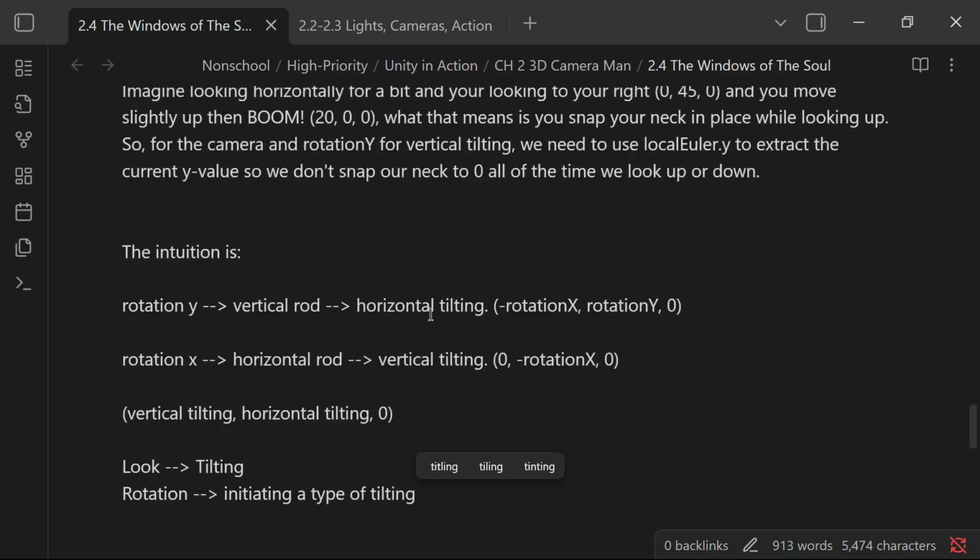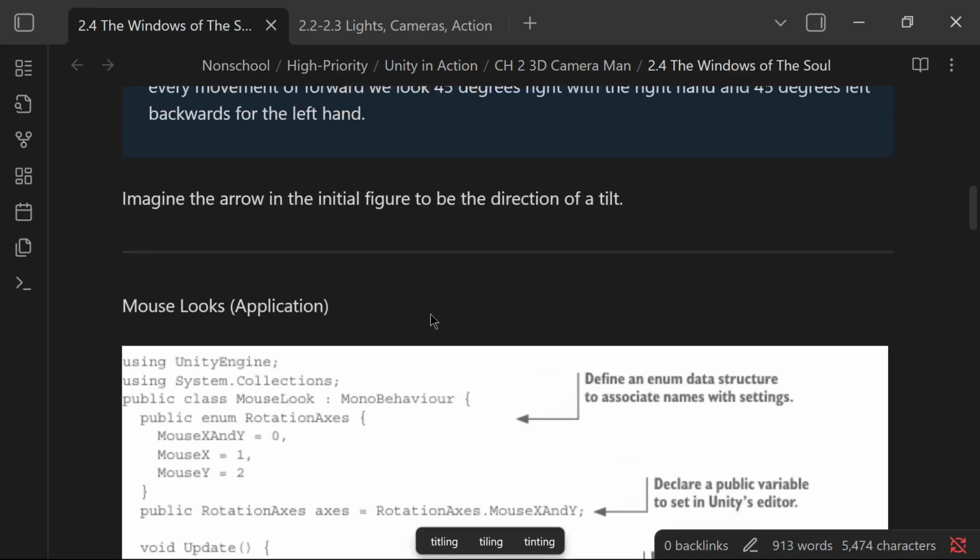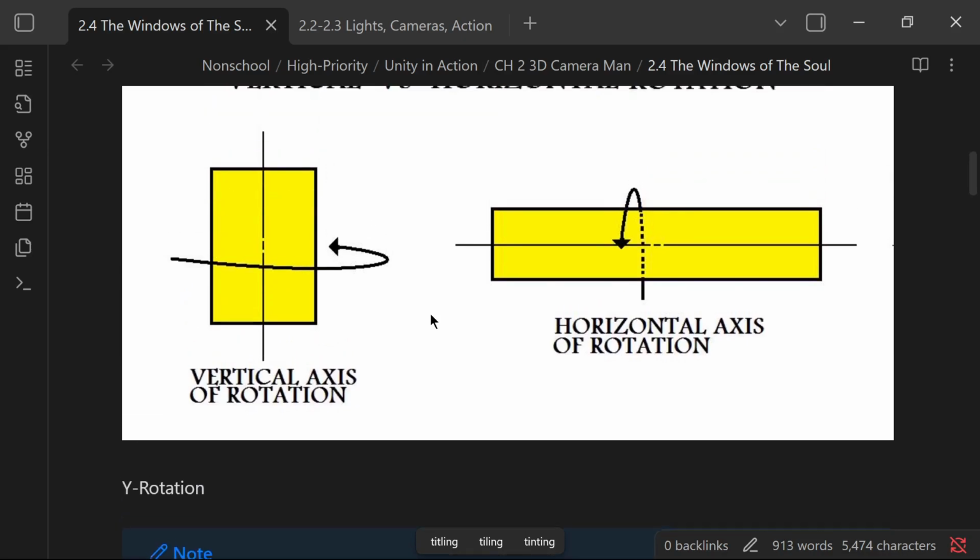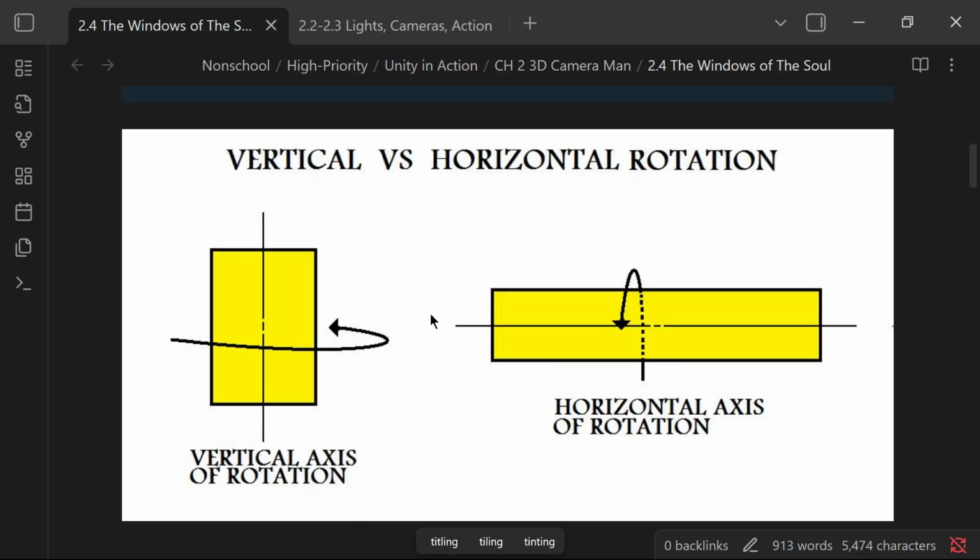Now, the pencil analogy is fine, right? But if you want something more concrete here, we have this. An X rotation is a horizontal axis of rotation. What that means is, when you rub your hands together with the horizontally placed pencil, we're going in this direction.